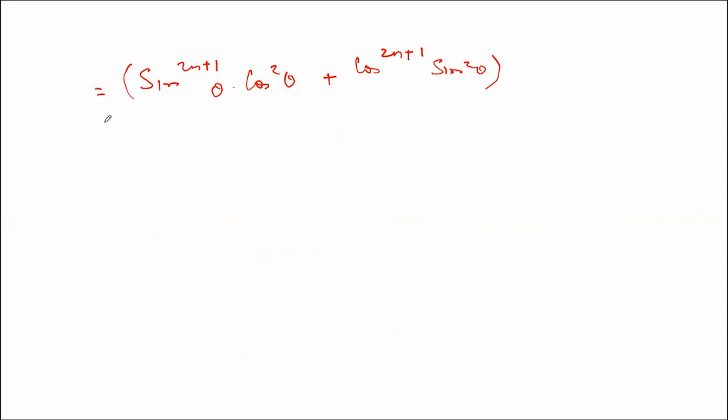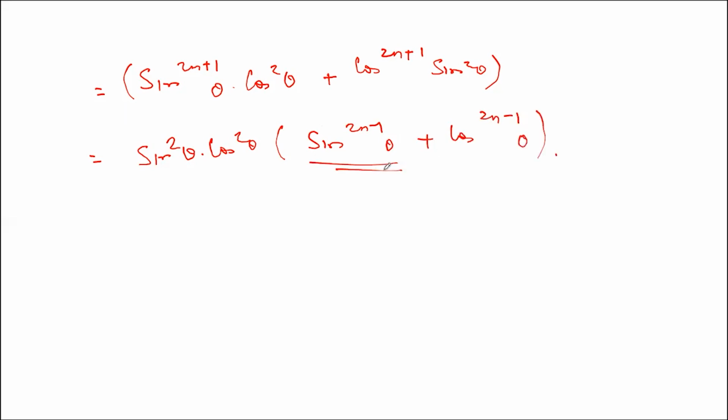If I take common, we can take common from both of these, sin square theta into cos square theta, so this will be sin^(2n-1) theta plus cos^(2n-1) theta.